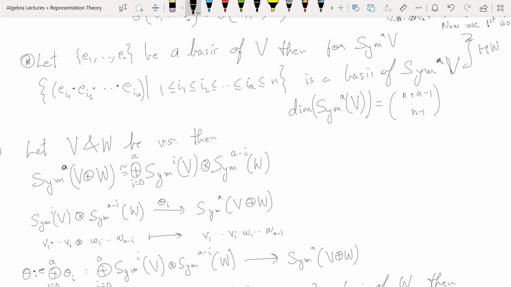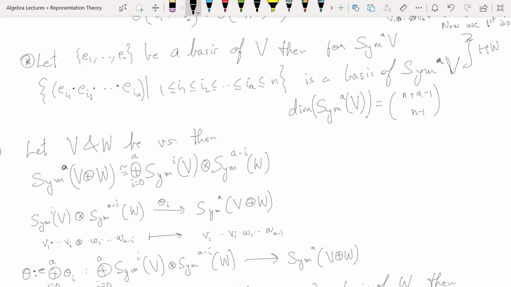Is this okay? Yes, sir. So this is what you get. Sym^A V is going to be, so it's basically how we are trying to calculate the number of basis vectors using just combinatorics.